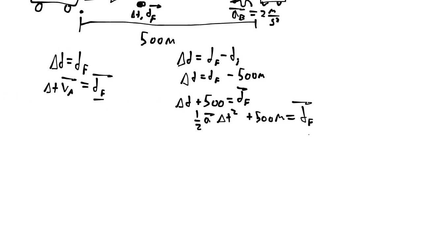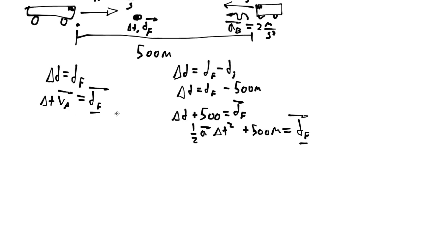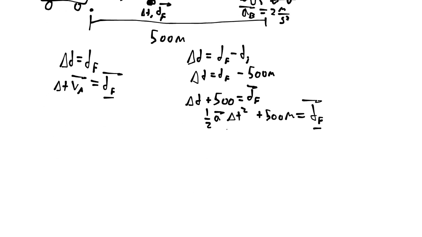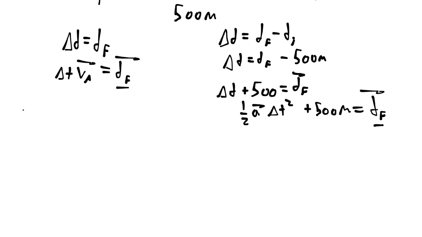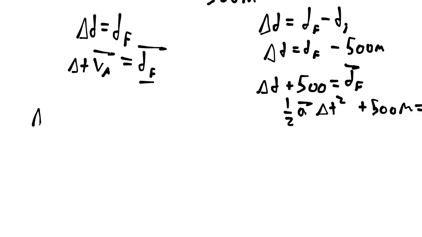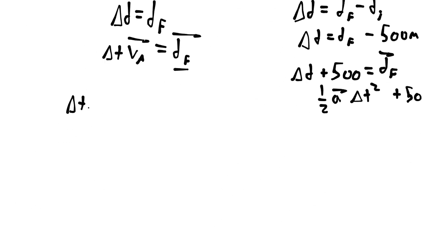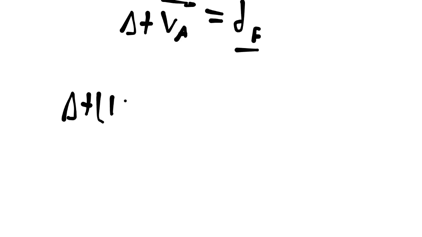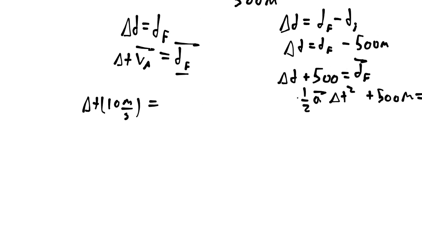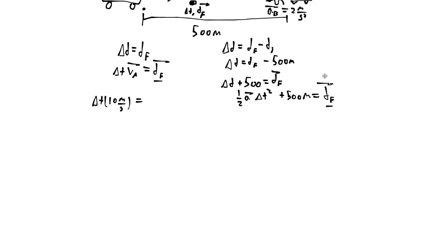So now notice how we have df and df, right? And again, these things are equal to the same thing. So we can just put these two equations together, which will get you delta t. And I'm also going to fill in the variables. So VA, that's equal to 10 meters a second, and it's in the positive direction. So I'll say 10 meters a second. And that is going to equal 1/2 times acceleration.